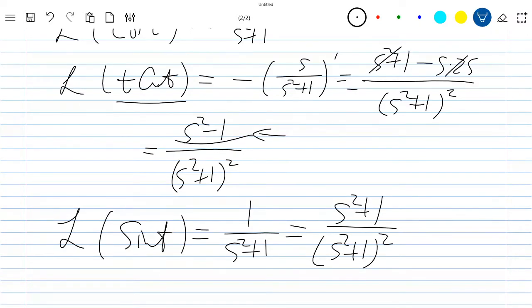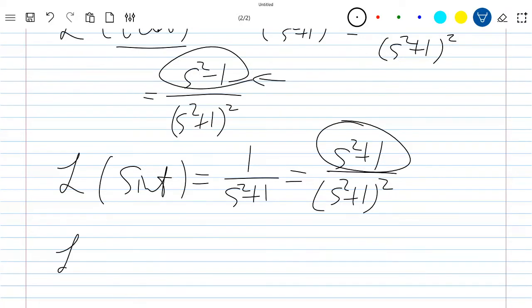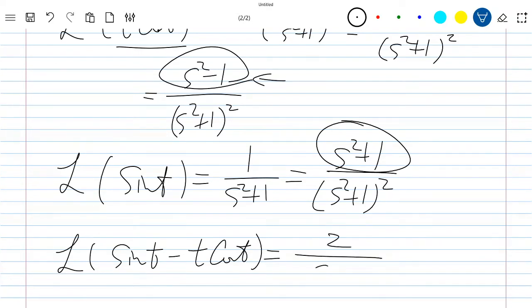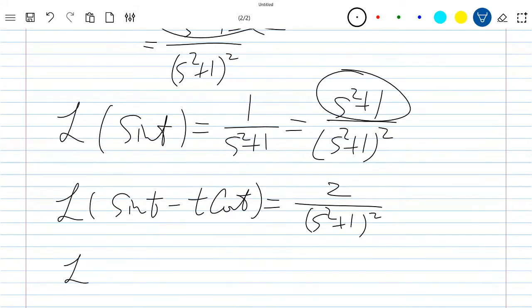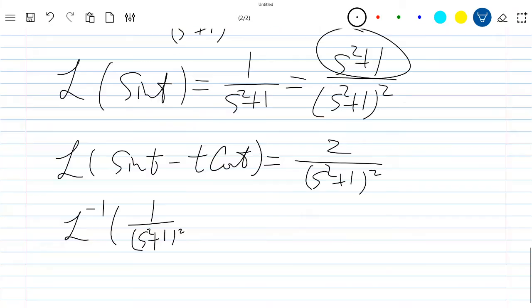This term and that term, if we take their difference, then we get 2. You get it? So if we do sine t minus t cosine t, then we get 2 over (s squared plus 1) squared. You see that? So, what's our answer? Just divide by 2.